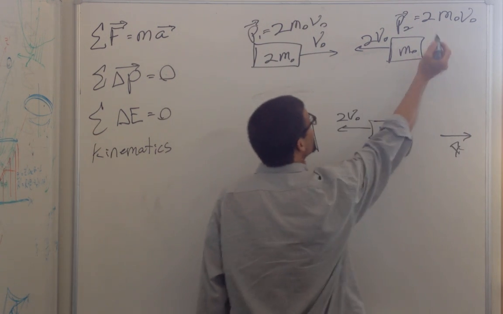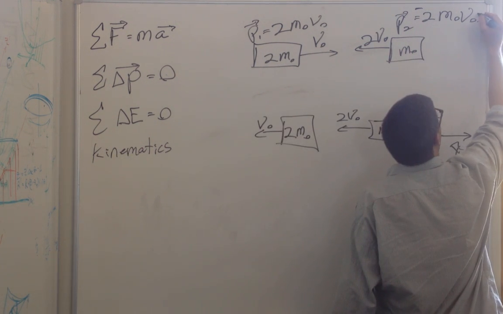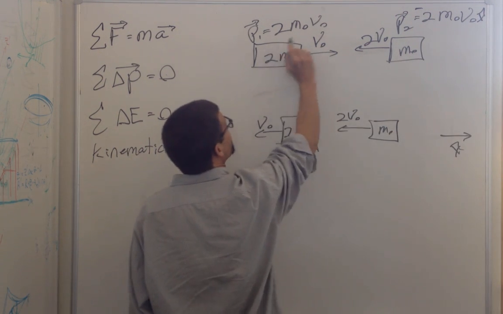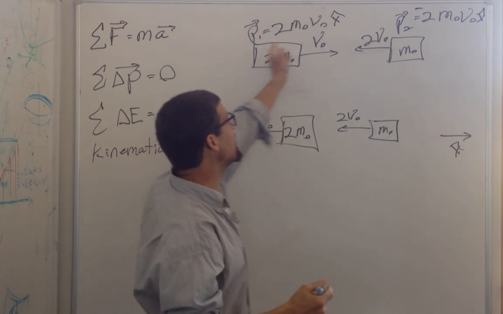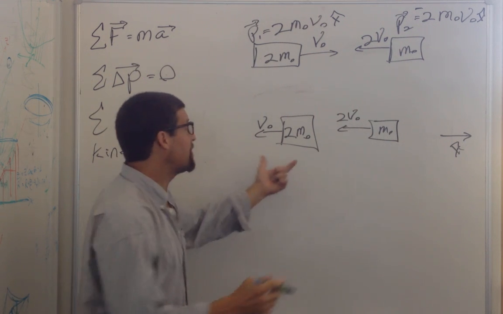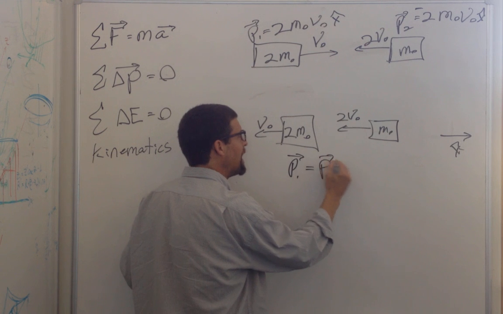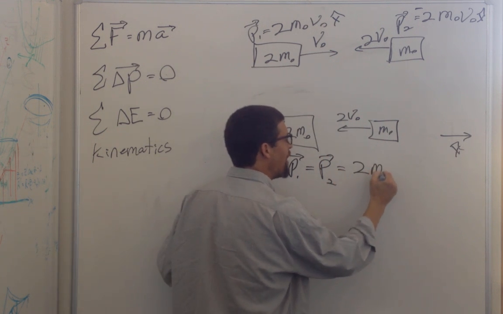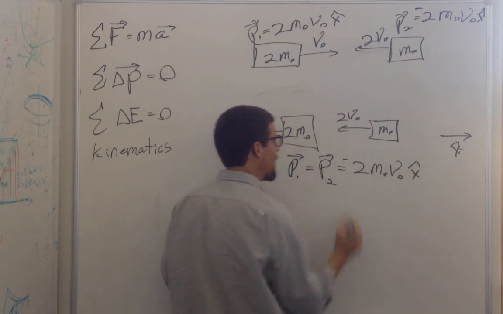So this becomes a negative 2m0 v0 in the x direction, and this is a positive 2m0 v0 in the x direction. And we can see that these would add to 0, but here both of these have the same momentum. P1 is equal to P2 is equal to 2m0 v0 in the negative x direction.